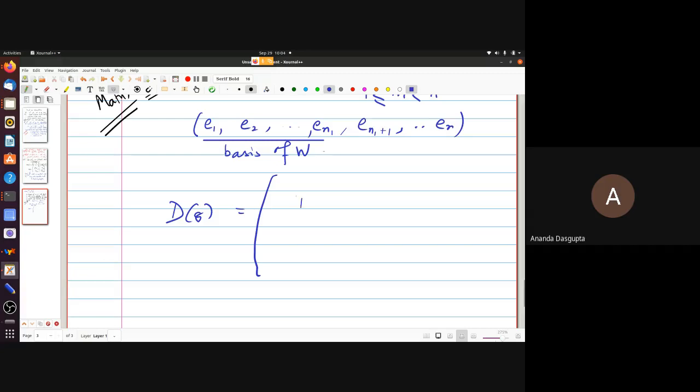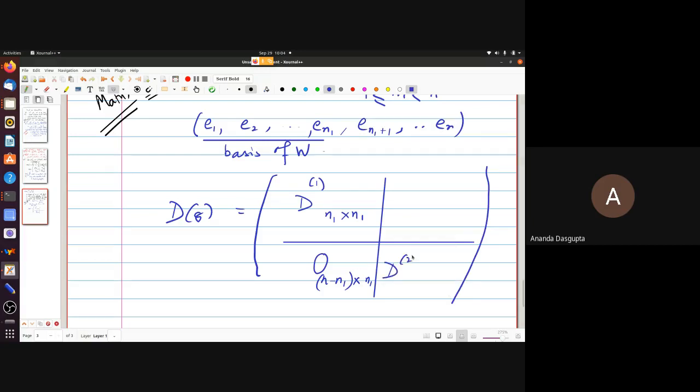So what you will get is a non-zero matrix here, which is n1 by n1 dimensional. And down here, you are going to get zeros, only zeros. That's the n minus n1 other rows left, and n1 columns, right? So what can you say about the other piece, D2?